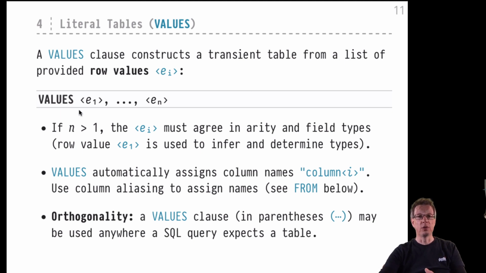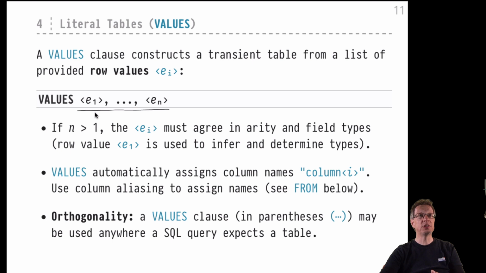Because we want to construct a literal table, it will be comprised of many rows, and we just specify the row values that will be collected in this particular table in a comma separated list. These E1 to En are used to specify n row values. If we build a table of more than one row, so if n is larger than 1, then of course all the rows must have the same shape.